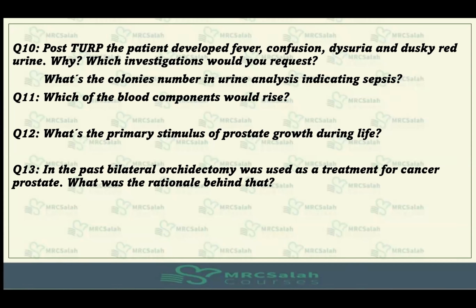Why is it important to deprive the tumor of androgen? Because the growth of the prostatic gland depends on androgen, specifically testosterone. This is for growth of the prostate and increase in size.